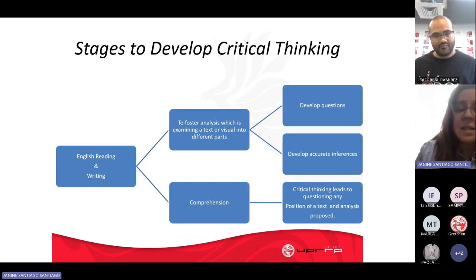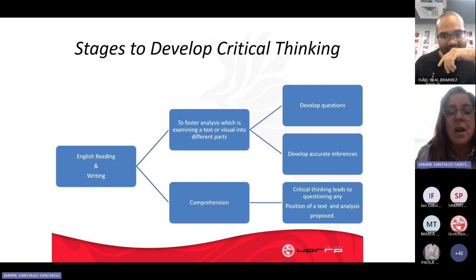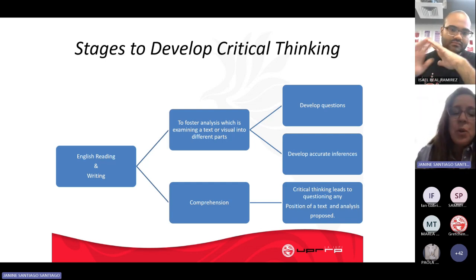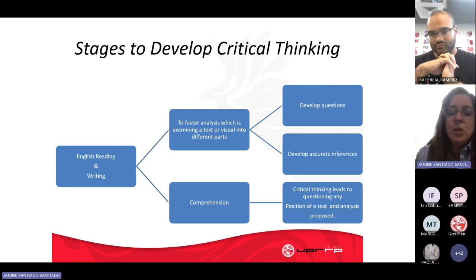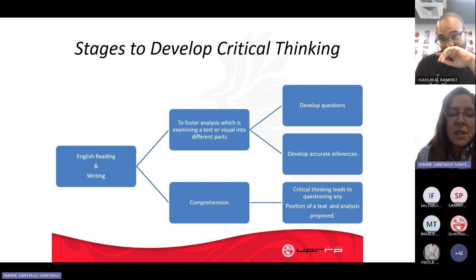Obviously, this is something that we need to move ourselves to always do, and it's going to lead us to new comprehension. But the process in which we are going to conduct the analysis requires us to develop questions and then develop accurate inferences. And we have been practicing in classes how students use analysis to develop accurate inferences.